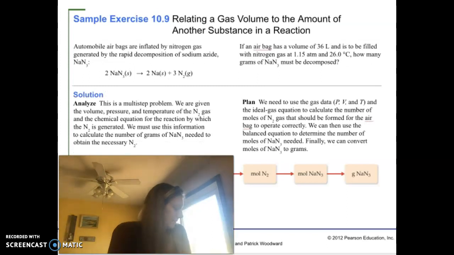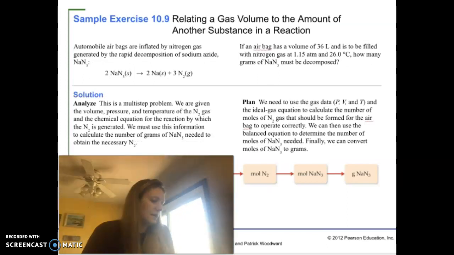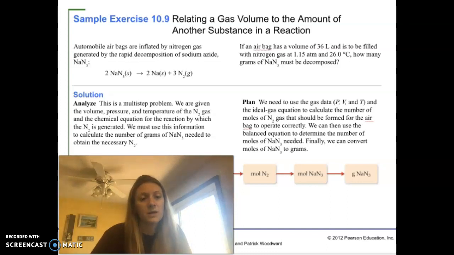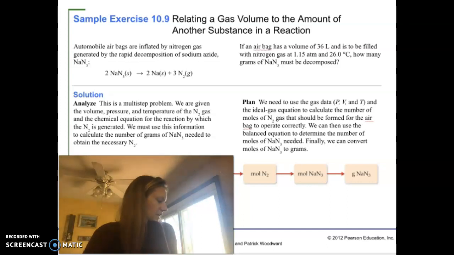All right, example number 9 is relating a gas volume to the amount of another substance in a reaction. So this is basically taking what we're given to then figure out something different about the equation. It says automobile airbags are inflated by nitrogen gas generated from the rapid decomposition of sodium azide, which is NaN3.